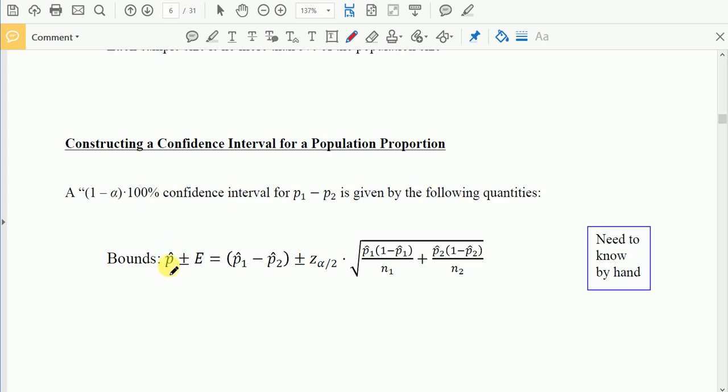P hat plus or minus the margin of error. This is the stuff from chapter 7. Or P hat is just P1 hat minus P2 hat, plus or minus z of alpha over 2 multiplied by the whole formula here.